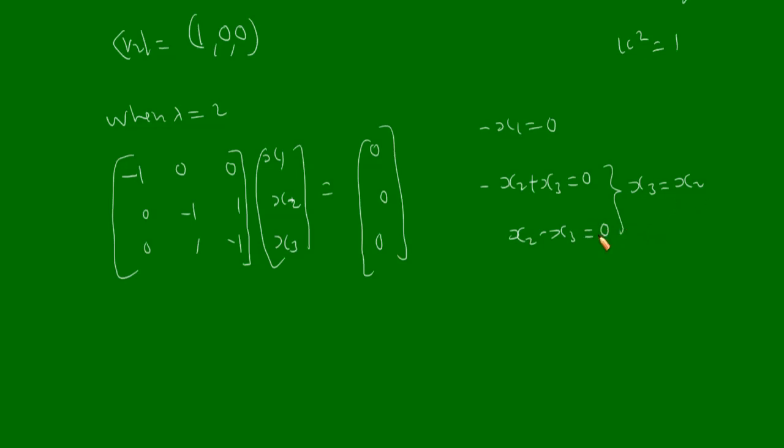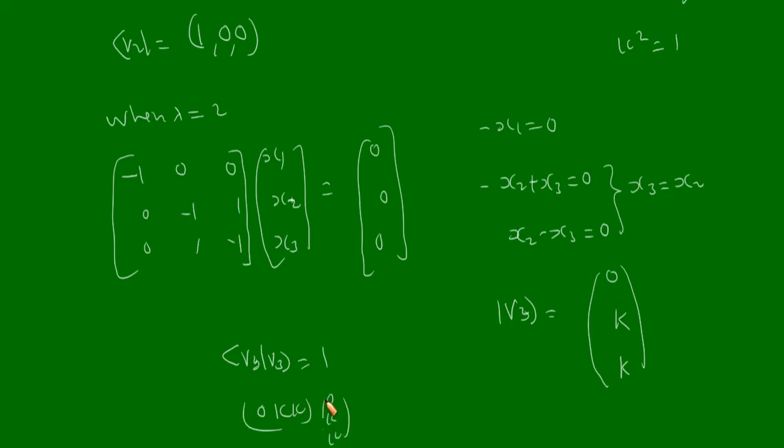So you can take the eigenvector corresponding to these conditions, R3. x1 is 0, and if we take x2 as k, x3 will also be k. So normalizing, R3 transpose R3 is equal to 1: 0, k, k into 0, k, k is equivalent to 1.